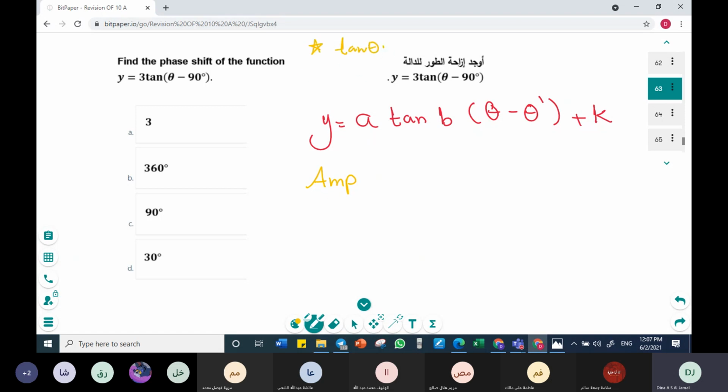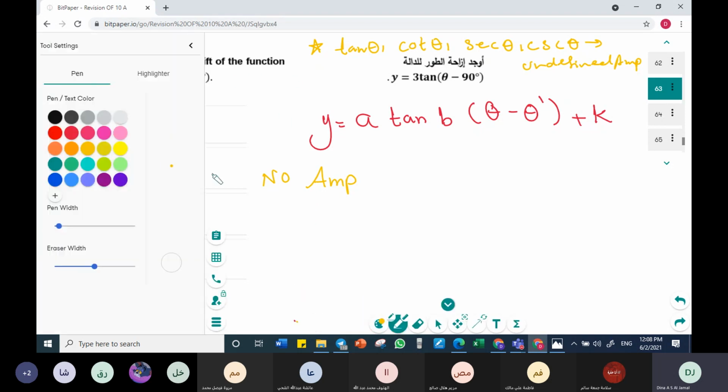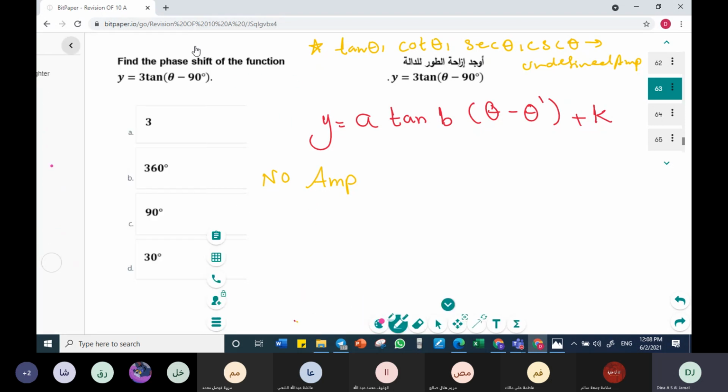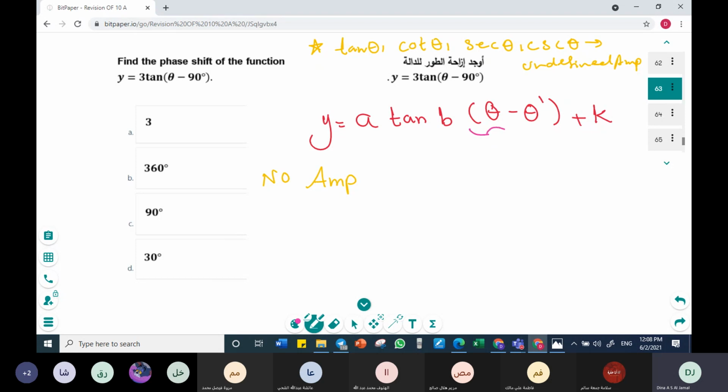So keep it as a note for you. Tan theta and all the reciprocals, cotan theta, sec theta, cosec theta, all of them have undefined amplitude. Okay, ladies, so there is no amplitude for this. He is asking you for the phase shift. So whenever he's asking you about the phase shift, look at the brackets.